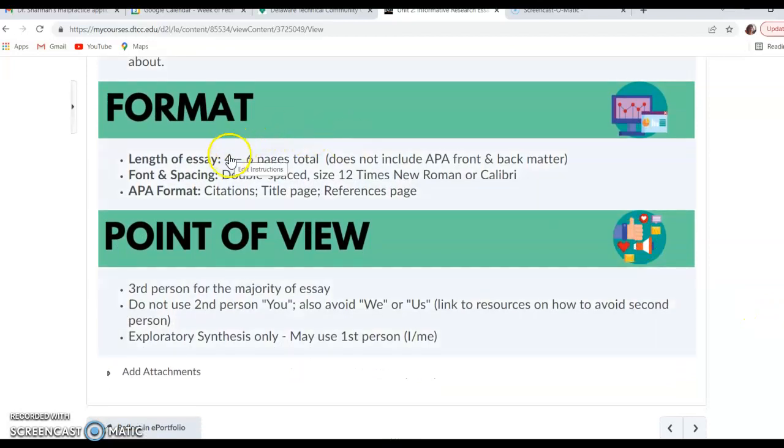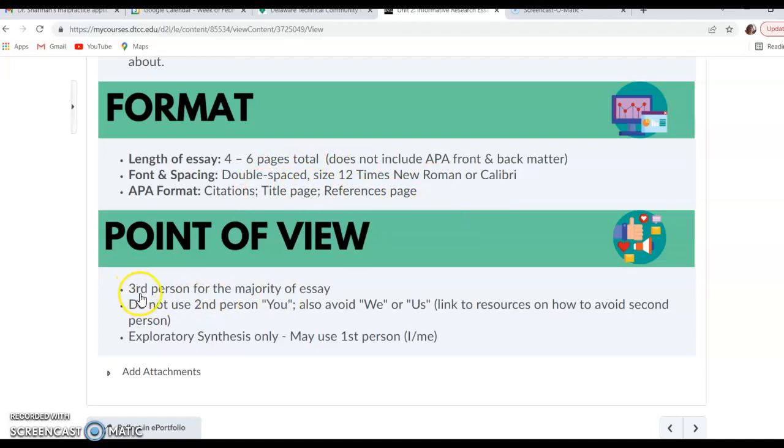You should have 4 to 6 pages for the essay itself, not counting the title page or the references page. So make sure that you have the length requirement. And of course, you'll use APA style for font, spacing, citations, title page, and references page.